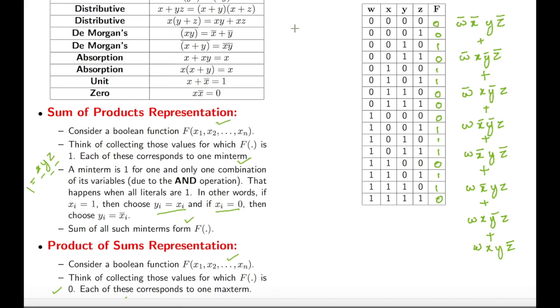Now we talk about the product of sums representation. The first 0 is this, so w plus x plus y plus z, times w plus x plus y plus z bar, times w plus x plus y bar plus z bar.